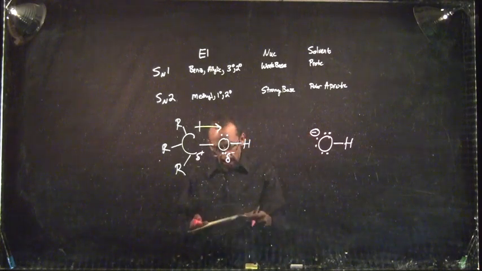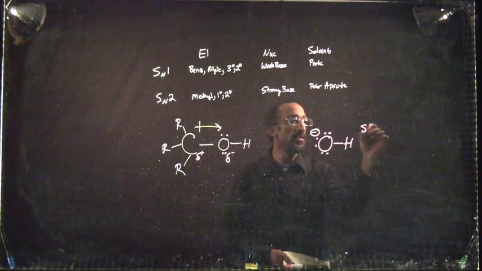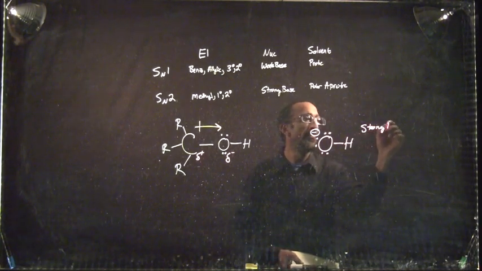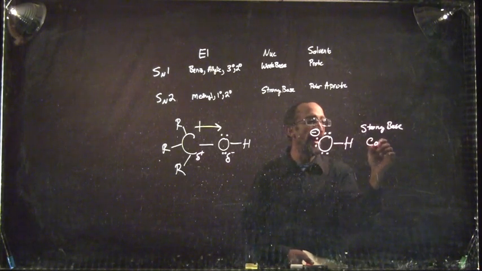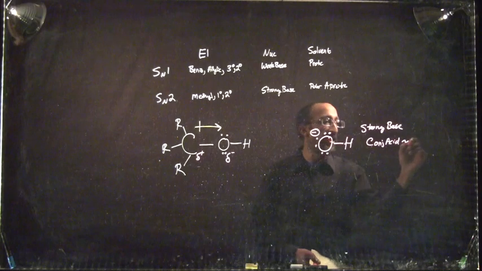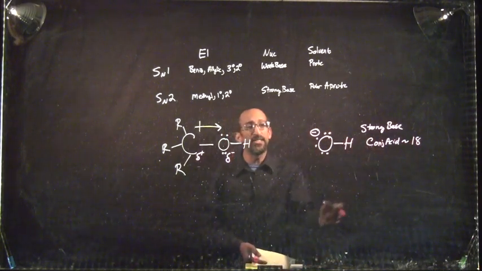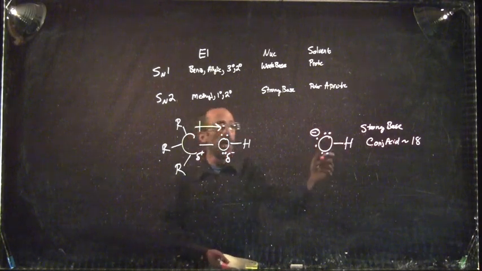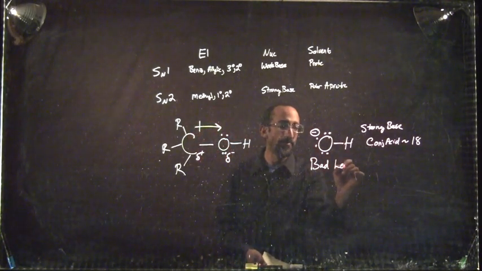So OH minus is going to be a strong base because its conjugate acid pKa is approximately 18. The conjugate acid is a weak acid, which means this is a strong base, which makes it a bad leaving group.